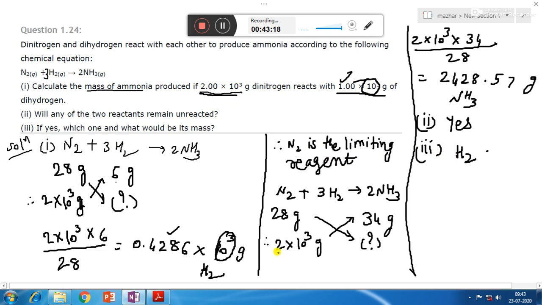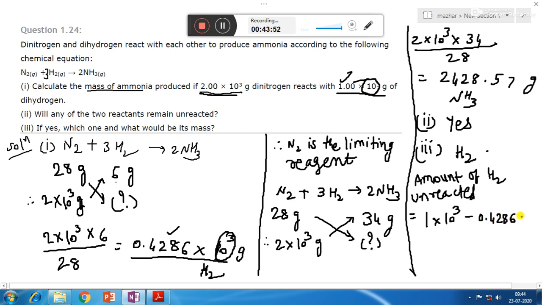So we have to find out the amount of hydrogen left or unreacted. So amount of hydrogen unreacted equals, now initially we have 1 into 10 raised to 3 gram hydrogen, out of which the amount reacted is 0.4286 into 10 raised to 3 gram.